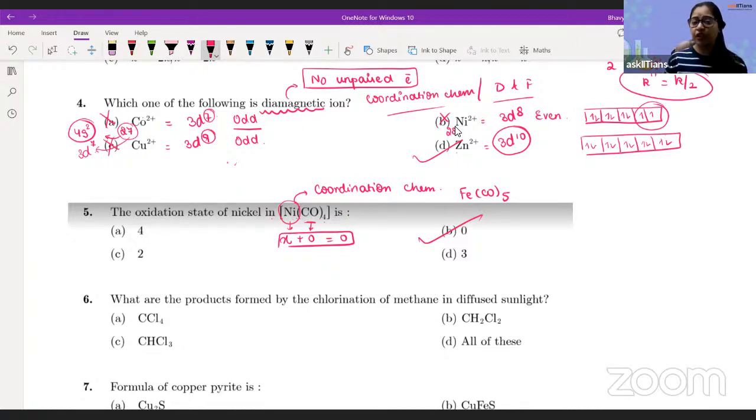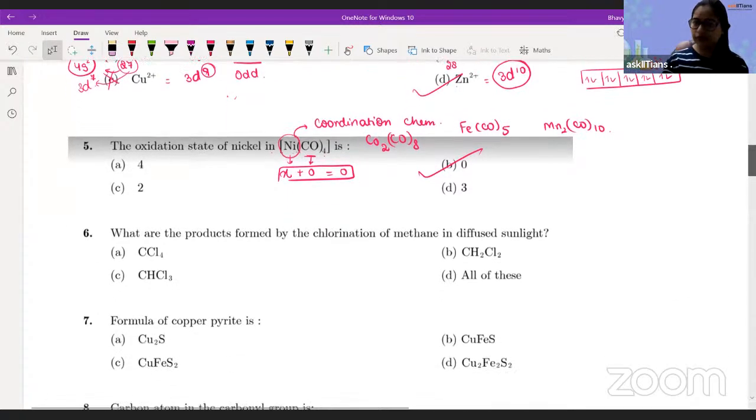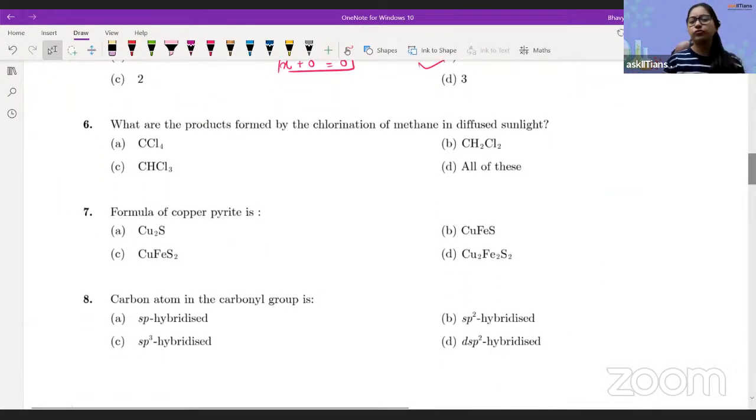But if it's just a carbonyl compound, Ni(CO)4, Fe(CO)5, cobalt carbonyl compound, Mn2(CO)10, all carbonyl compounds will have the central metal in their 0 oxidation state. Right?